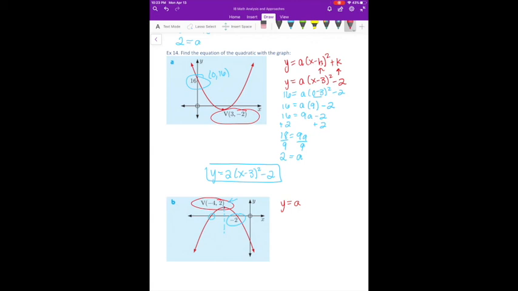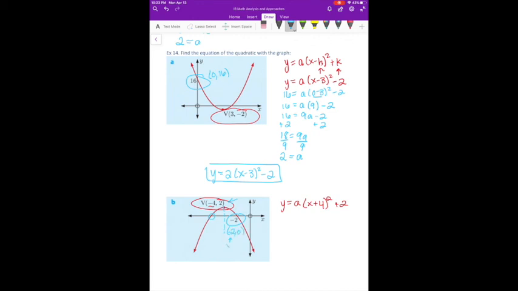So we got y equals a times x plus 4, because we would be minusing negative 4, which makes the double negative, makes it a plus. So y equals a times x plus 4 squared plus 2. All right, so this time I'm given the x-intercept, which is the point negative 2, 0.